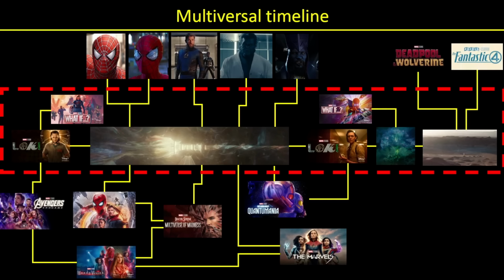On the top, we see all the other universes whenever they're kind of coming in and out of interactions with the main MCU. So Tobey, Andrew, 838, the X-Men, Deadpool and Wolverine, and of course Fantastic Four, and many more to come. And then on the bottom again is that Earth 616 sacred timeline. So keeping this in mind, that's how I'm putting together the multiversal watch orders.